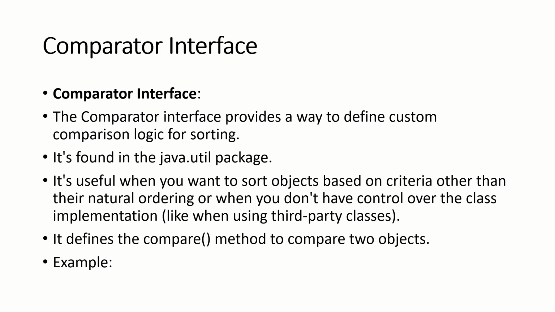The Comparator interface provides a way to define custom comparison logic for sorting. Previously, when we discussed the Comparable interface, it allowed you to sort in a natural order. But the Comparator interface gives you a way to sort the list of objects according to a custom comparison. So custom sorting can be done in the case of Comparator, and natural sorting is done in the case of Comparable.